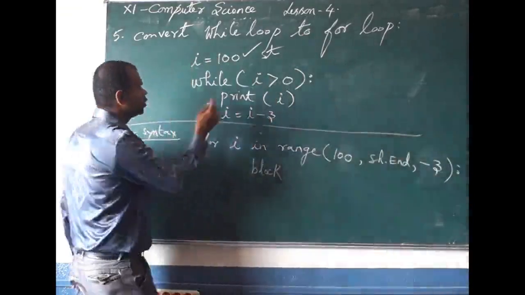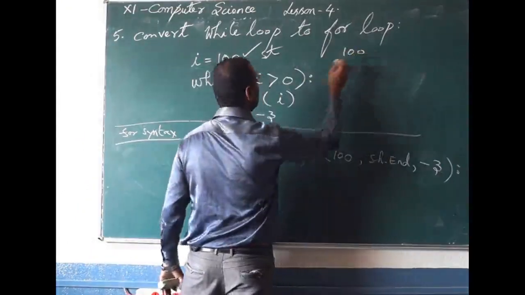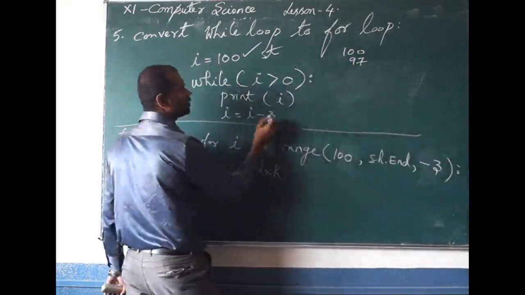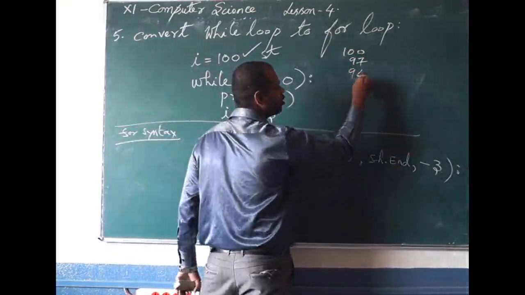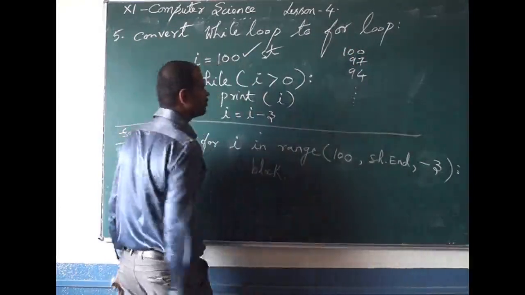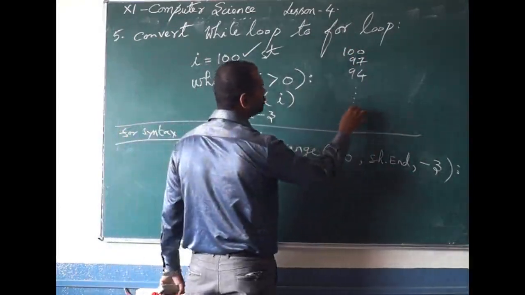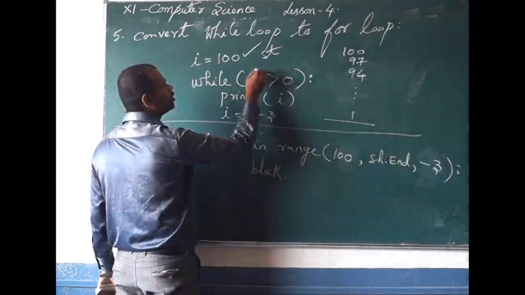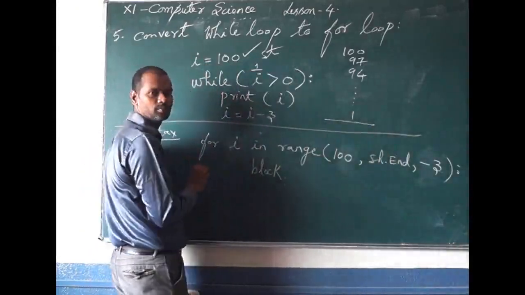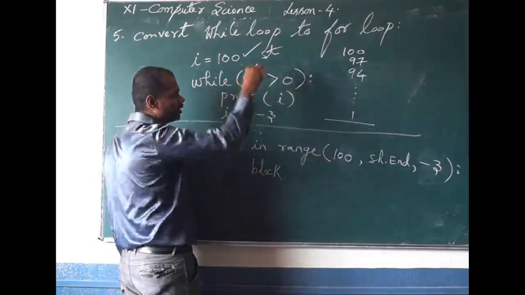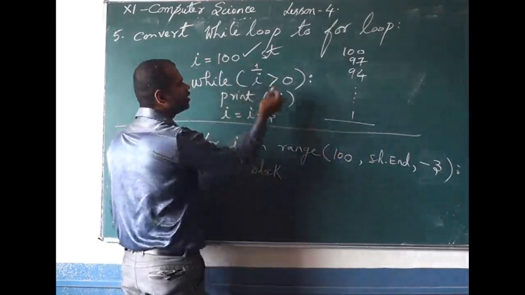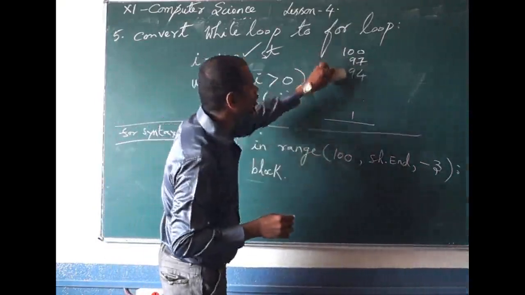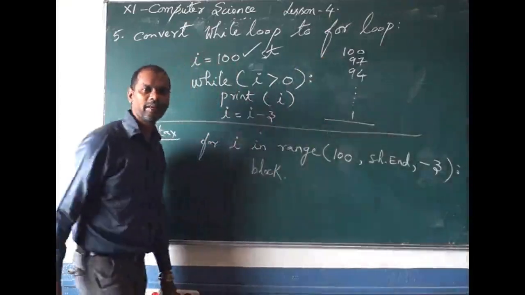Then you see 100, then decrement by 3 means 97, then 94. Once it reaches 1 it will finish, because 1 is greater than 0. Then once again it will reduce and become a negative value, so the condition will become false. So starting from 100 to 1 only you have to print. Understand?